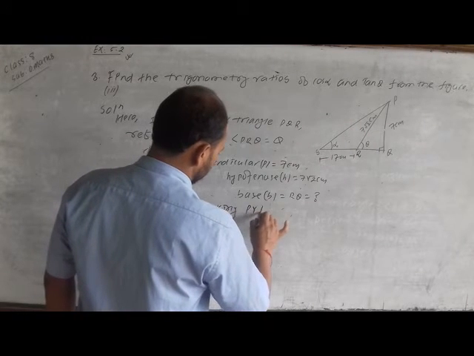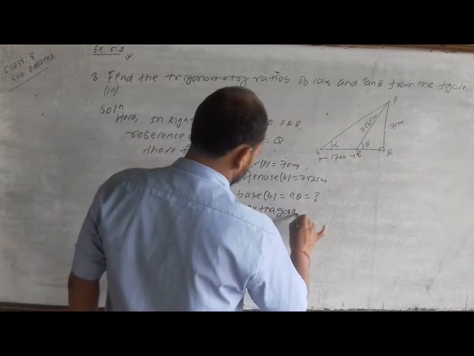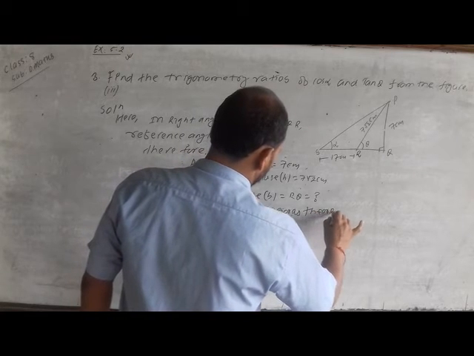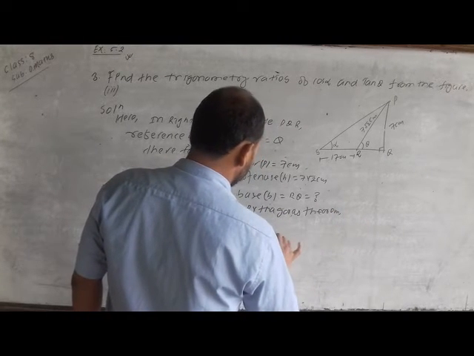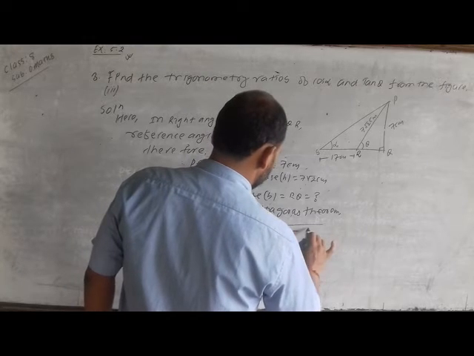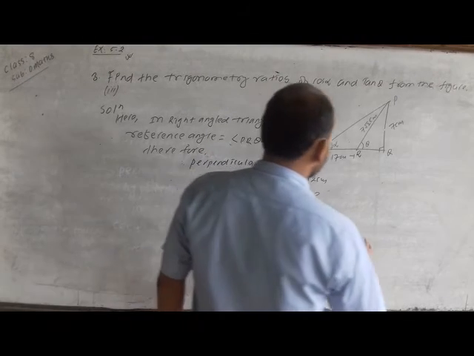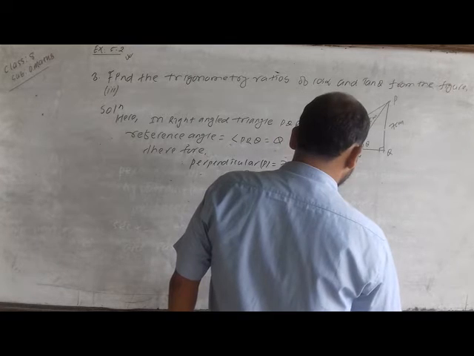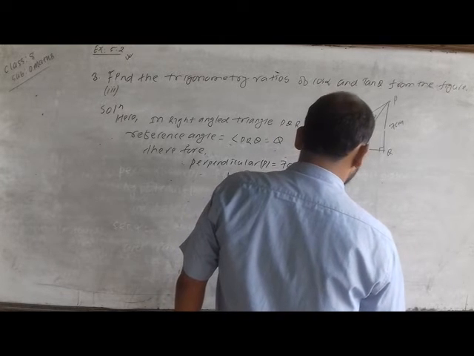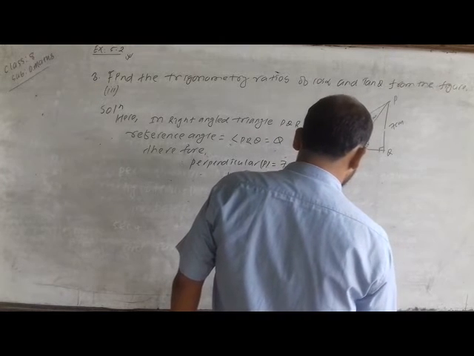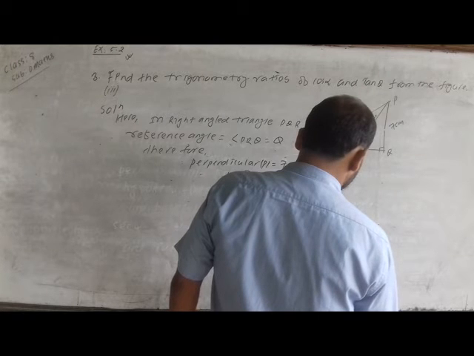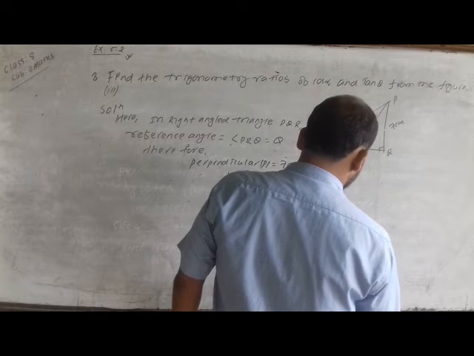Using Pythagoras theorem, we have, what is the formula to find B? H square minus P square. So H represents 7 root 2 square minus 7 square. 98 minus 49.